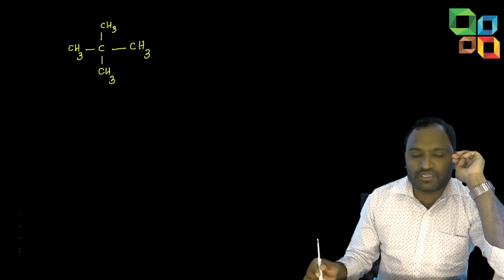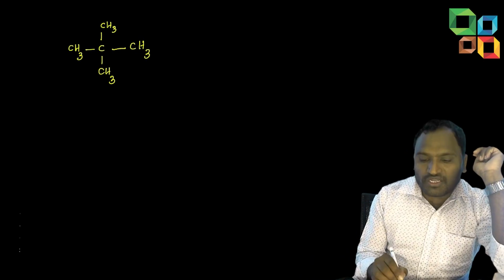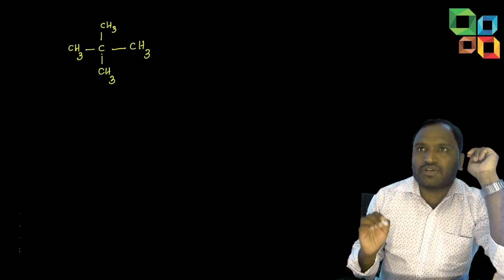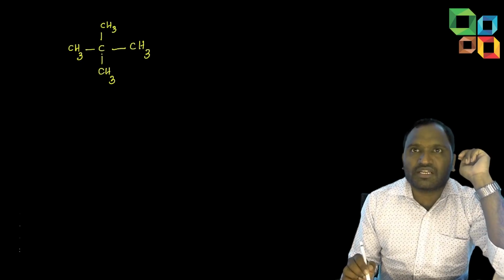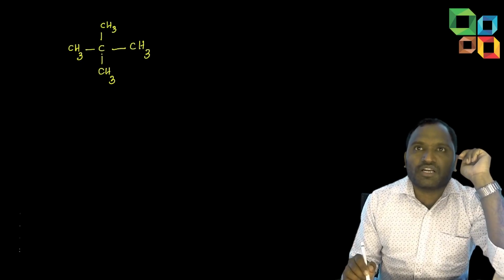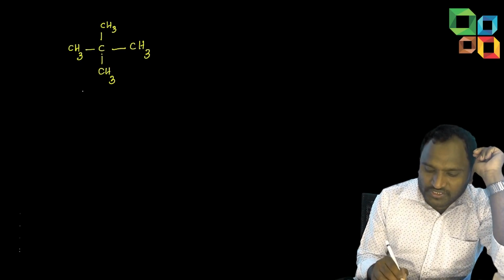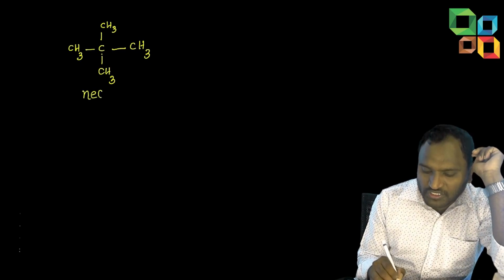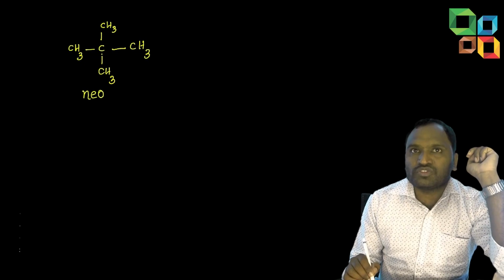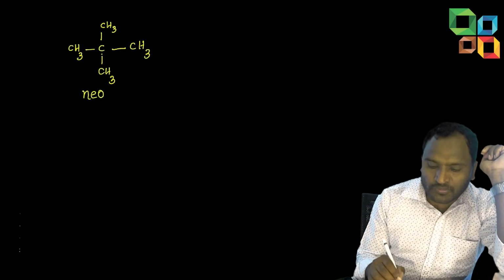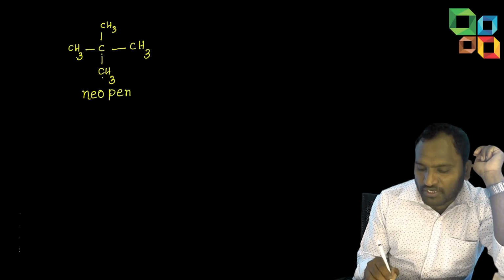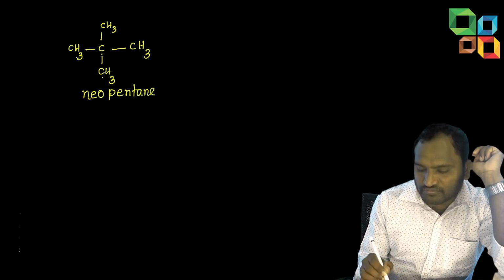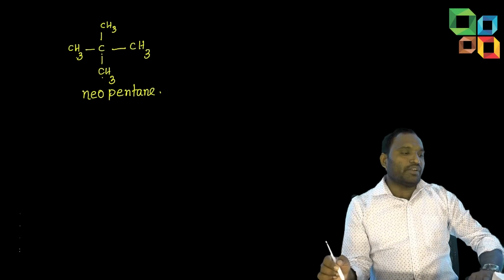If you don't know, I will tell you. Simply, one carbon is connecting with 4 other carbon atoms. Yes or no, students? The middle carbon is connecting with 4 other carbon atoms. So, if it is connecting with 4 other carbon atoms directly, we will use neo. Afterwards, 1, 2, 3, 4, 5 carbon atoms are there, no? Neopentane.